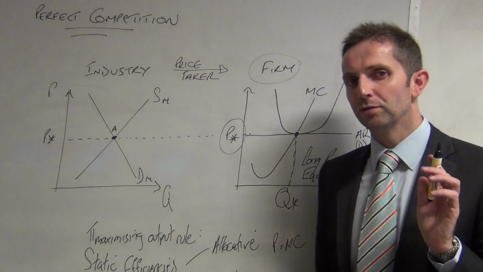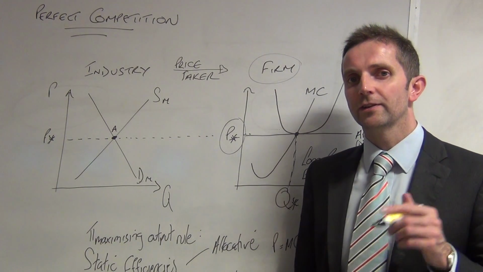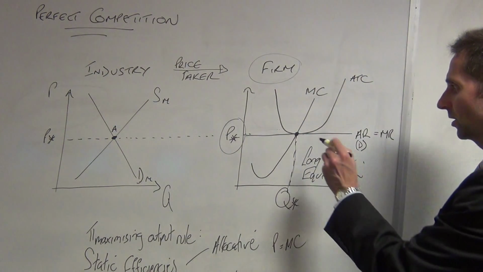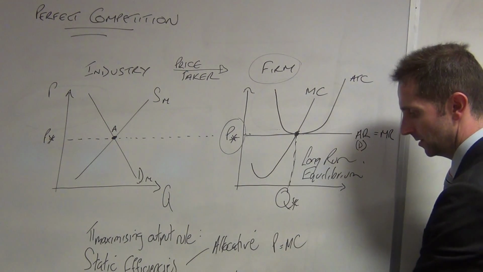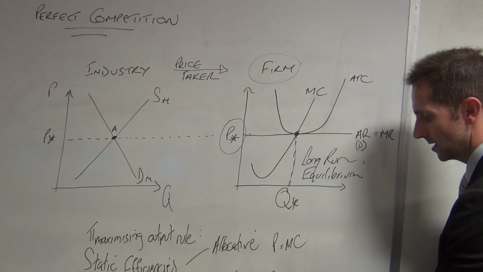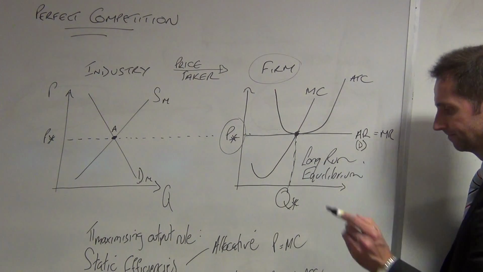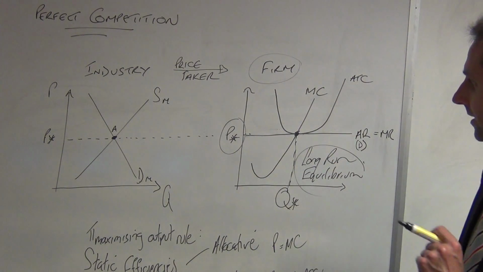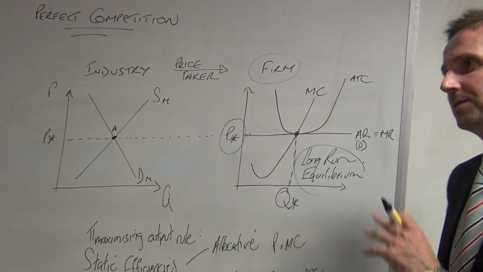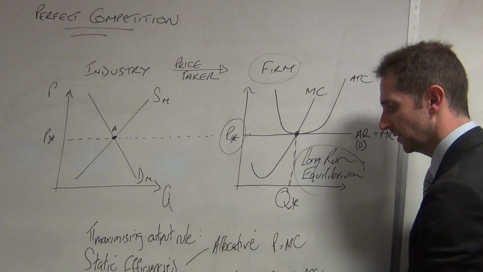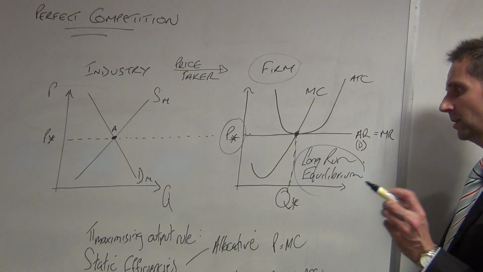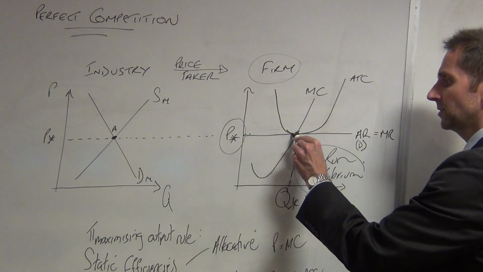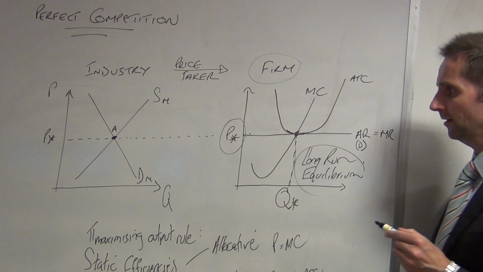A firm is productively efficient if the firm is producing at the minimum point on the average total cost curve. Right there. P equals min ATC. Now you can see from this long run equilibrium diagram that this particular firm is both allocatively efficient and productively efficient, because number one, it's at the minimum point on the ATC curve, which is right there.